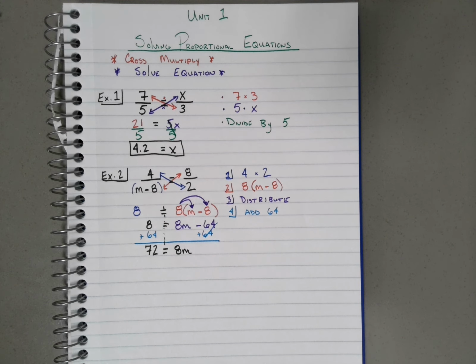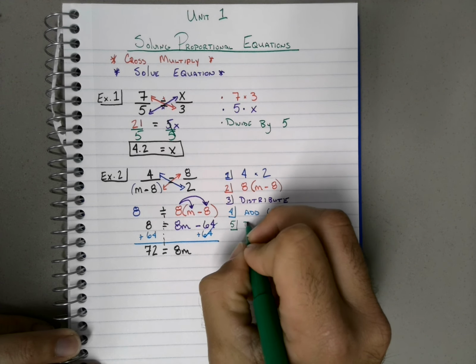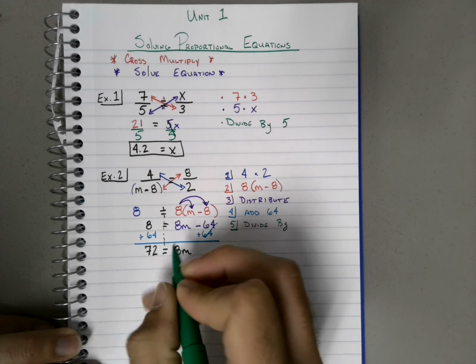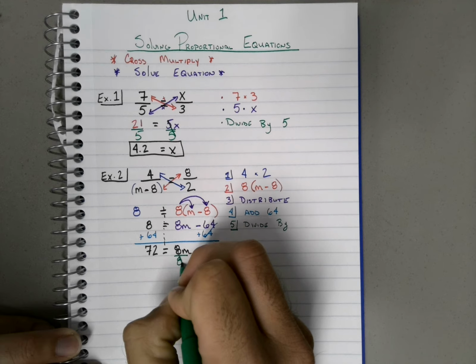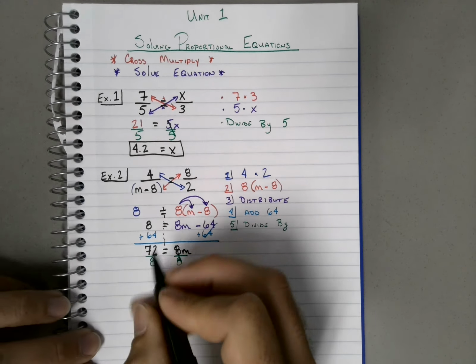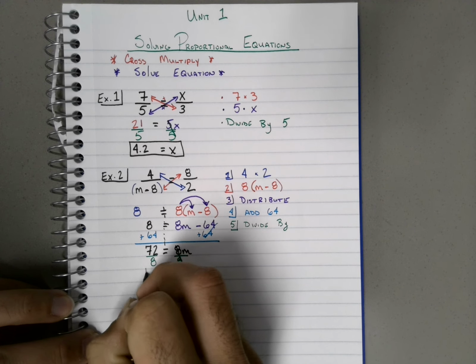And our very last step is to divide by 8, because a number and variable side by side means multiply. What you do to one side, you do to the other. And you get a final answer of m equals 9.